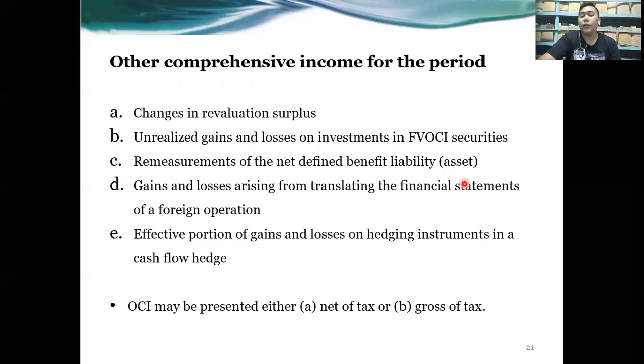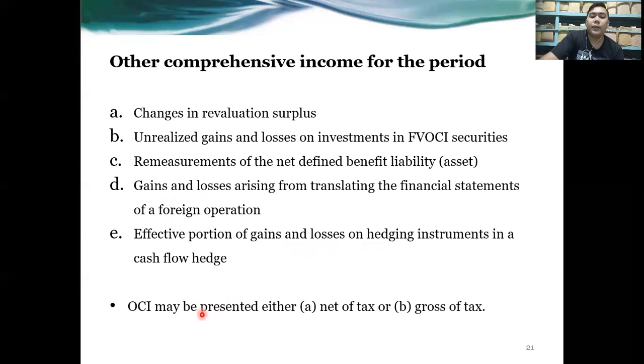Mabalaan yun later on sa investment nga topic. Remeasurement gains or losses on the net defined benefit liability or asset. Gains or losses arising from translating the financial statements. Ini siya sa advanced accounting. Effective portion of gains and losses on hedging instruments in a cash flow hedge, advanced accounting man.